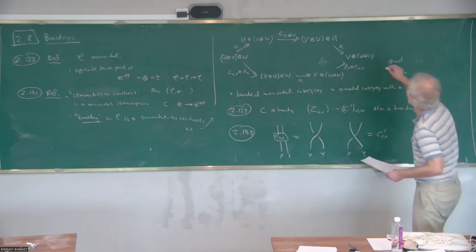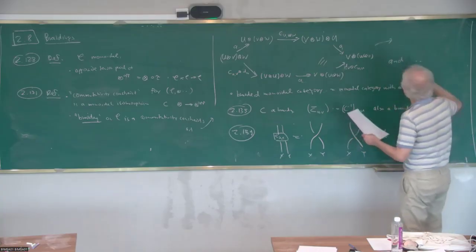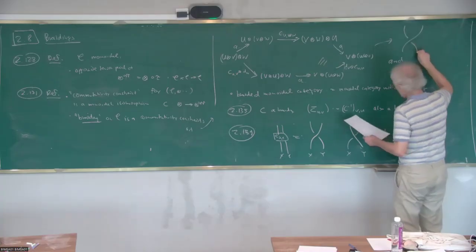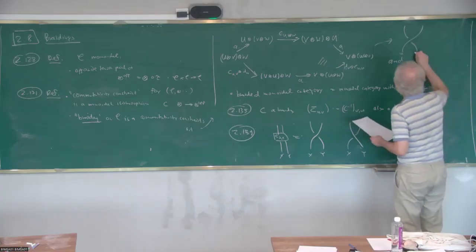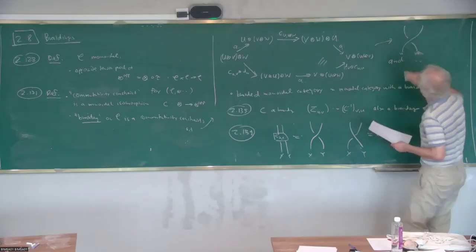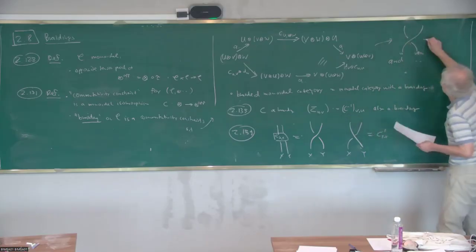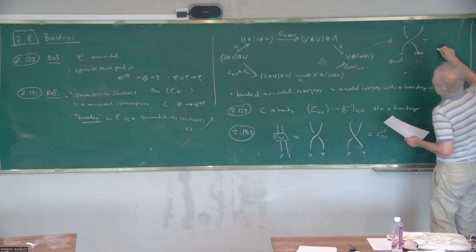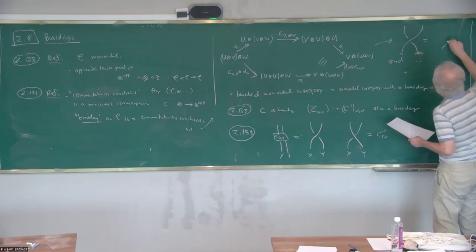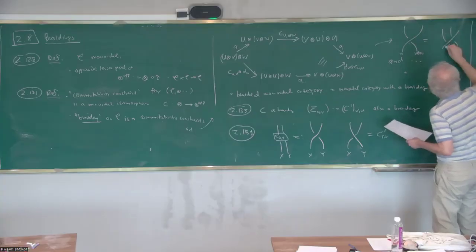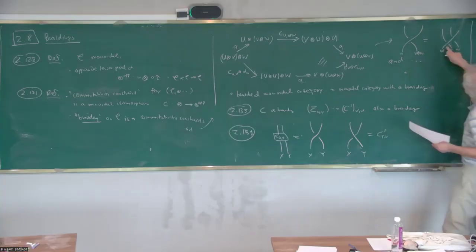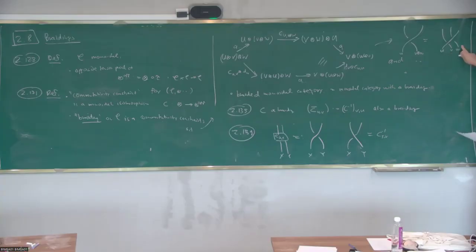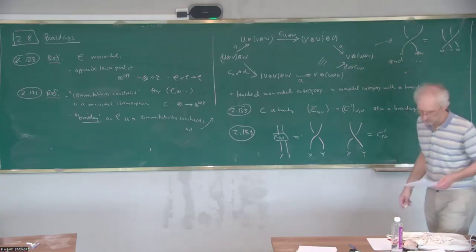And then the hexagon identity, for example, looks as follows. U V tensor W, braid by saying that I first take the braiding with U and V times the identity on W, and then the other way around. Of course, in the diagrammatic description, you don't see the associator.